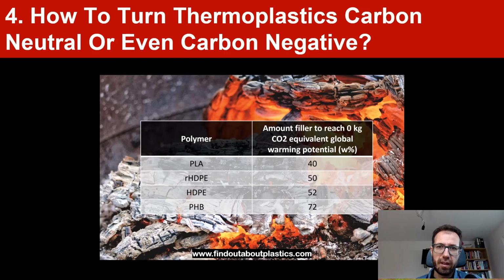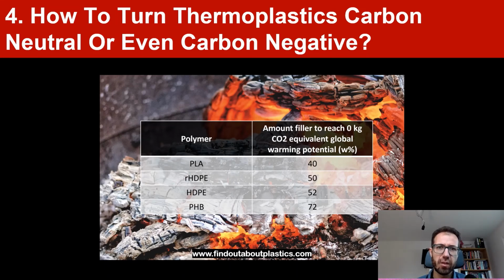And they made a cradle-to-gate life cycle assessment, and they added the biochar as a filler to HDPE, virgin version, and also a recycled high-density polyethylene, and also bio-based PLA, so polylactic acid, and also PHB, polyhydroxybutyrate. And when you think of biochar, fillers lock carbon in a stable form, and this in a permanent way.